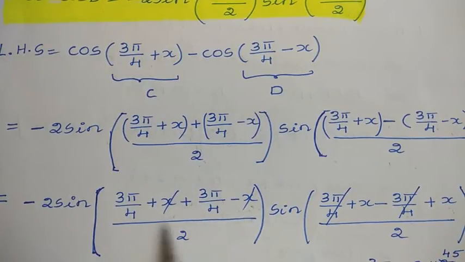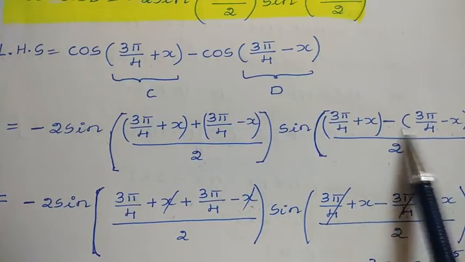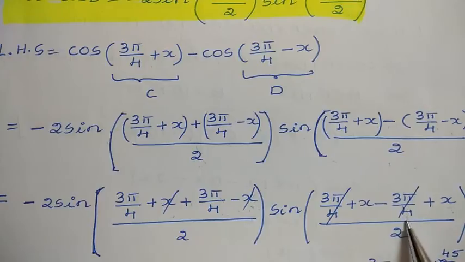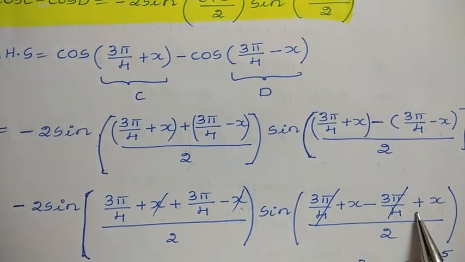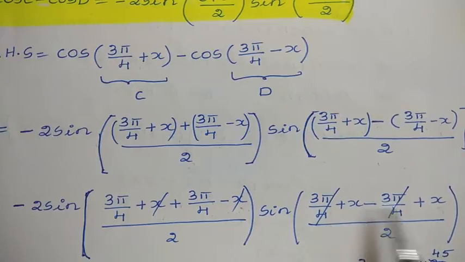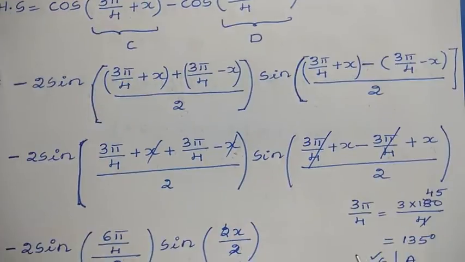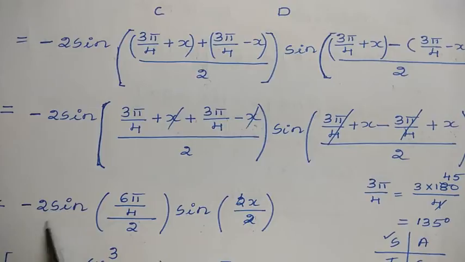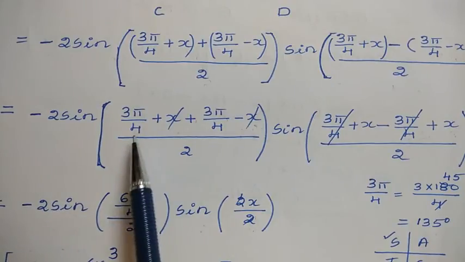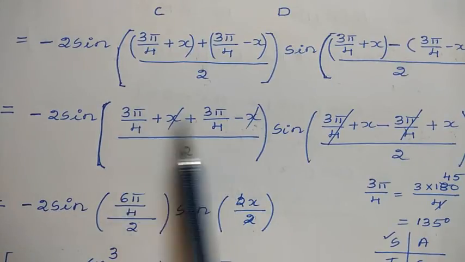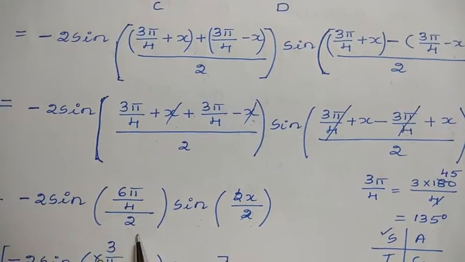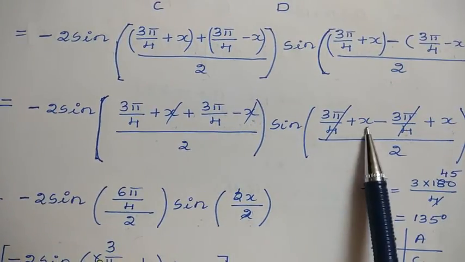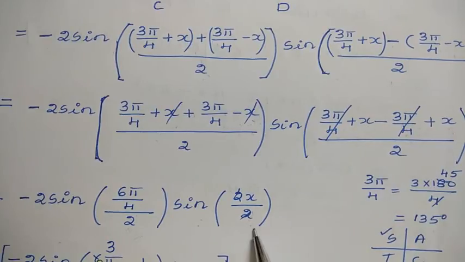So here the x get cancelled, and in the second bracket, 3 pi by 4 plus x, if you take the minus sign out, minus into minus becomes plus, so plus x. So here this one gets cancelled, and here we get the value as minus 2 sin. The denominator is the same, so you can add 3 pi plus 3 pi, 6 pi by 4 divided by 2, into sin, here x plus x, that is 2x divided by 2.